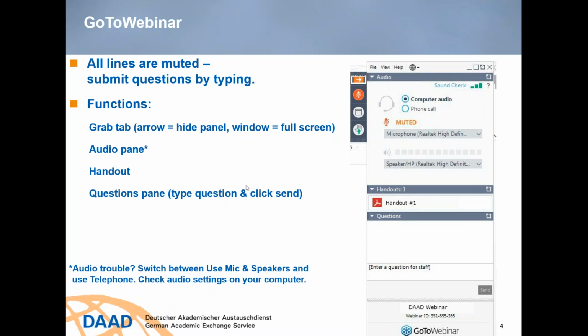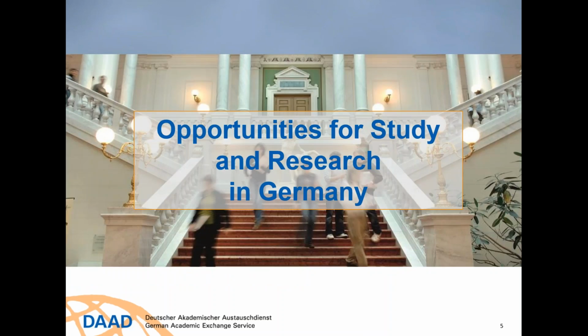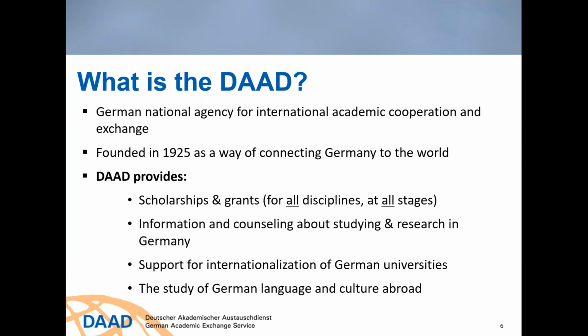And now with that out of the way, we'll talk about opportunities for study and research in Germany. Before we do that, some of you may not be familiar with DAAD, the German Academic Exchange Service, so I just wanted to briefly tell you a little bit more about our organization. It's the German National Agency for International Academic Cooperation and Exchange.